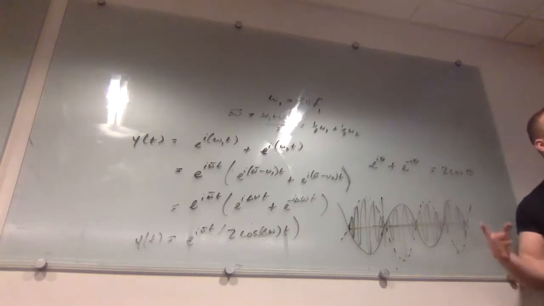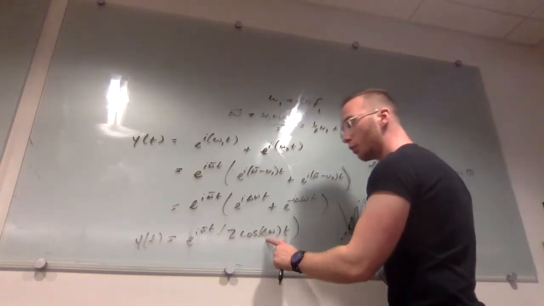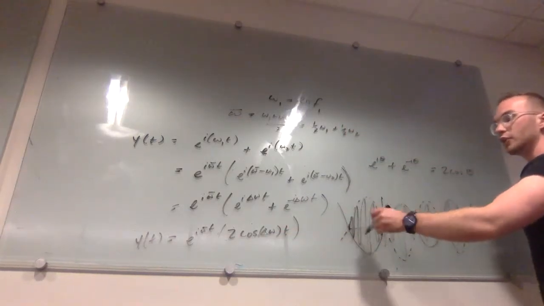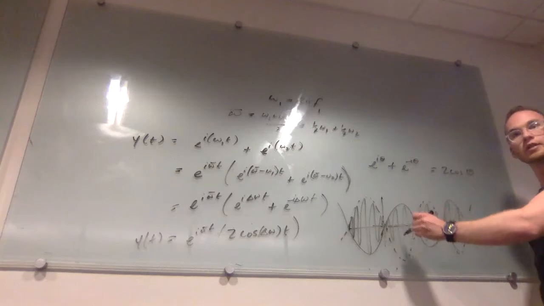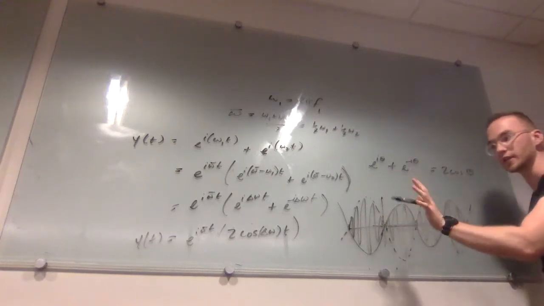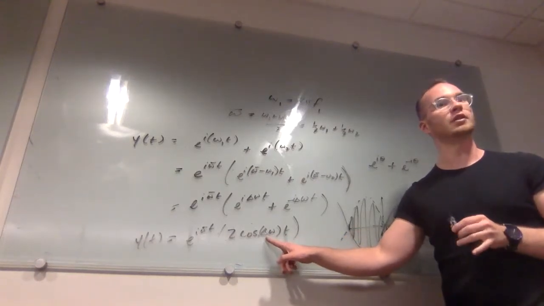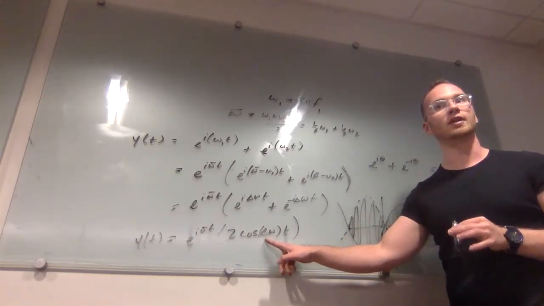That makes perfect sense, right? When you hear two waves very similar, you kind of hear the average, right? So that makes sense. But the weird part is that it increases in intensity and then decreases with a frequency of the difference between the two frequencies. Does that make sense?